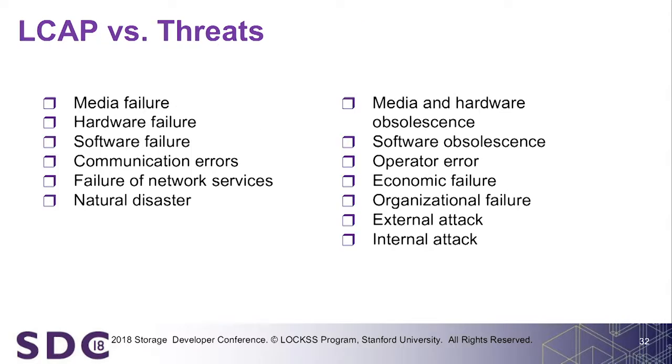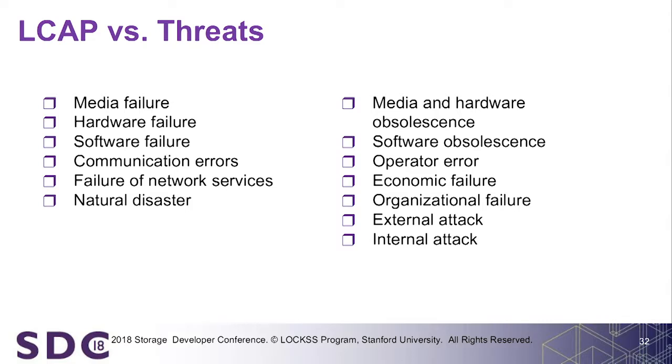All right, for time I'm going to skip through this, but we could have a discussion about how the LCAP protocol helps with these various threats from our 13 threats in the threat model that libraries care about.